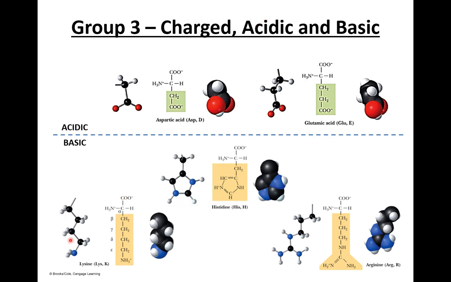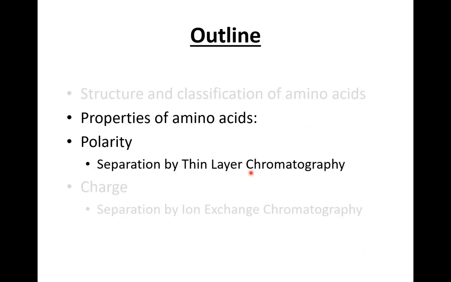The opposite for the basic ones, which have groups like this amino group here, for example, that can accept a proton, acts like a base, right? It can accept a proton, and therefore they're polar and they become charged, so they are classified as polar charged basic. So that's lysine, histidine, and arginine.